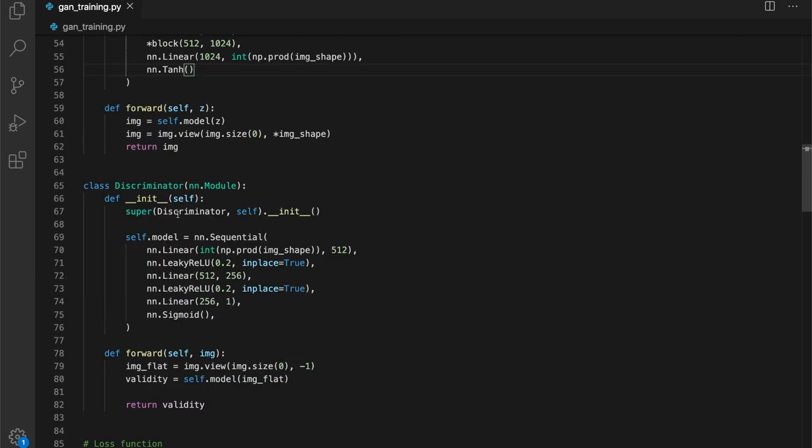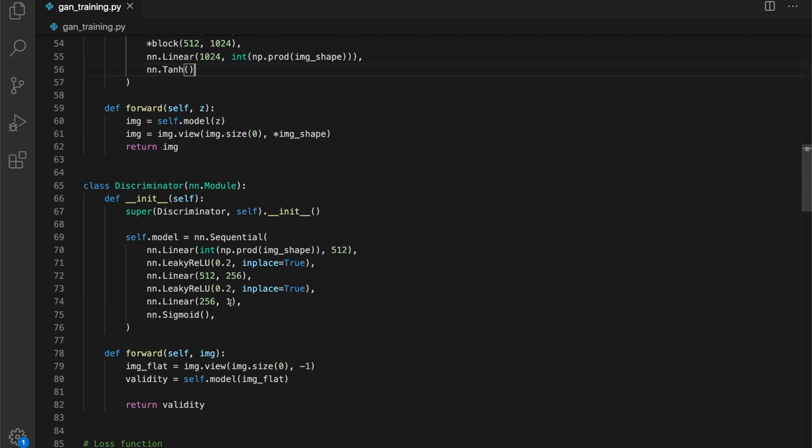Next, let's look at a typical architecture for a discriminator. As you can see, the discriminator too is a very simple fully connected neural network. It starts with a linear layer that accepts the entire input image that is flattened out, followed by a leaky ReLU layer and a bunch of other linear layers.